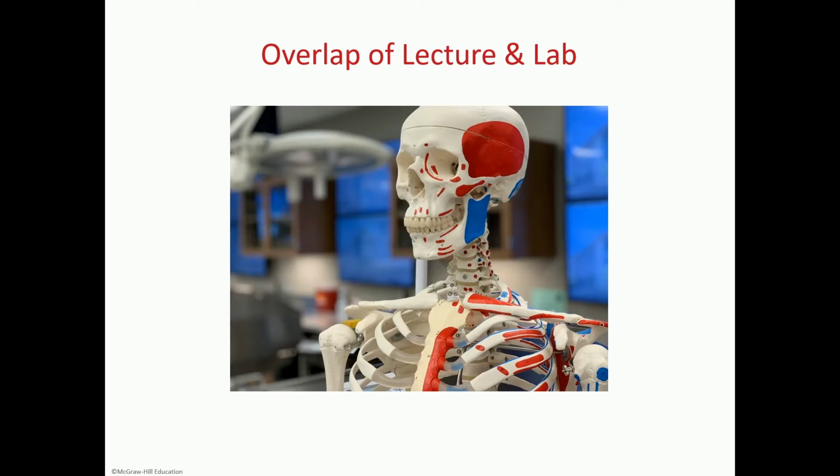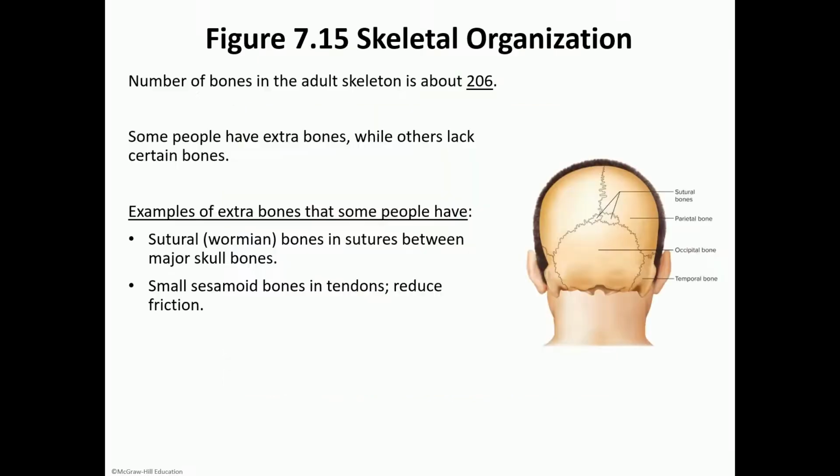So I'm going to go over a couple of features about the skeletal system where lecture tends to overlap with lab. So, skeletal organization: our adult skeleton is about 206 bones in total. Some might have extra bones here and there, while others do not, but on average, we all have about 206. For example, this bone right here is known as a sutural bone.